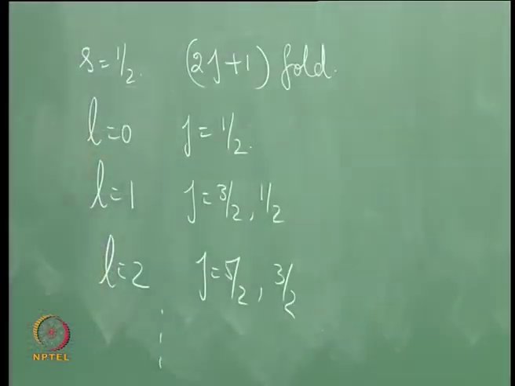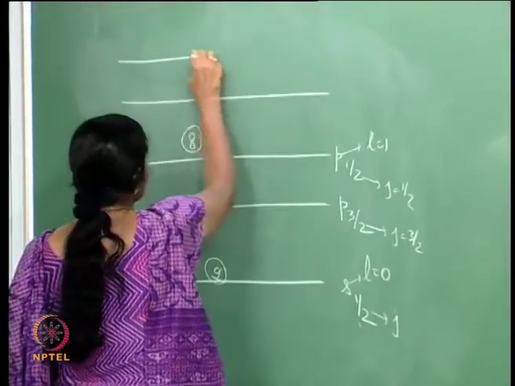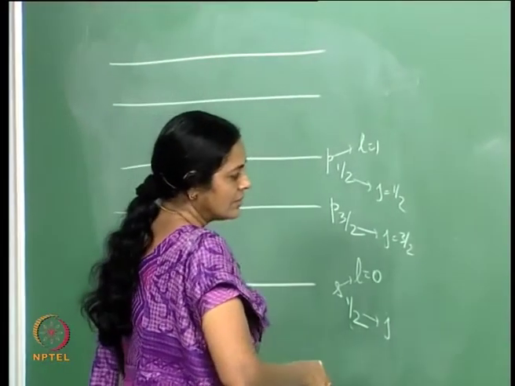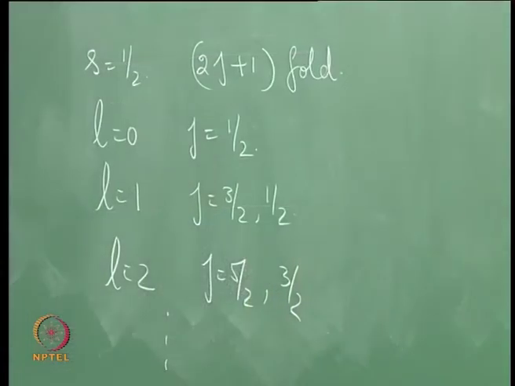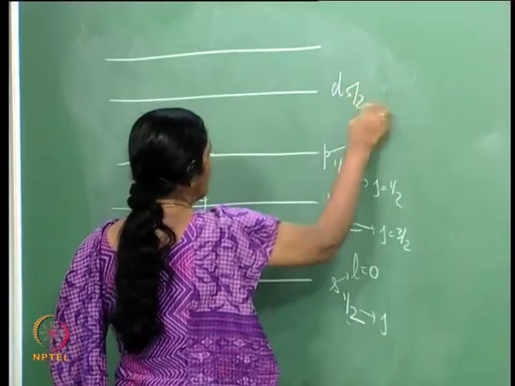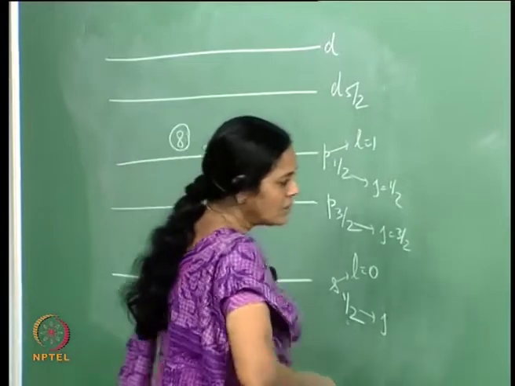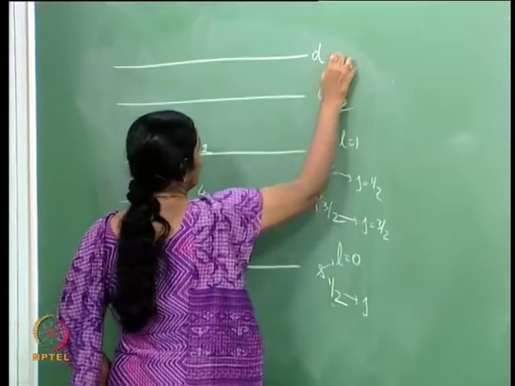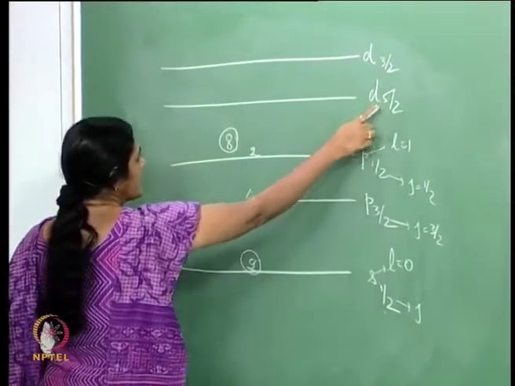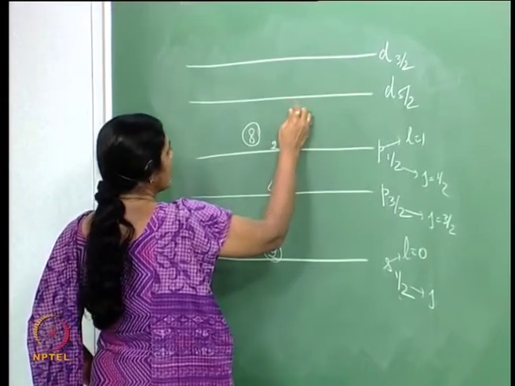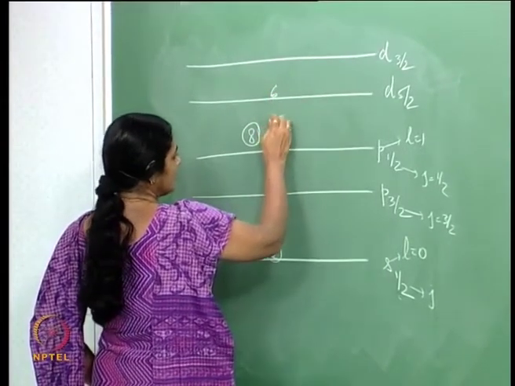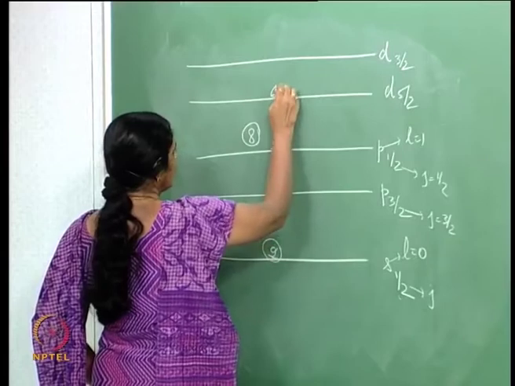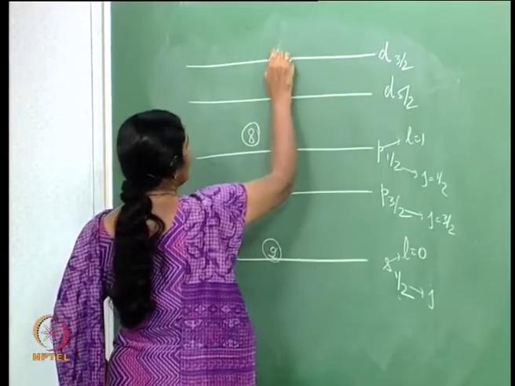So, look at L is equal to 2. If L is equal to 2, I have 2 levels. That is D5 by 2 and D3 by 2. This state can accommodate 6 particles and this state can accommodate 4 particles.